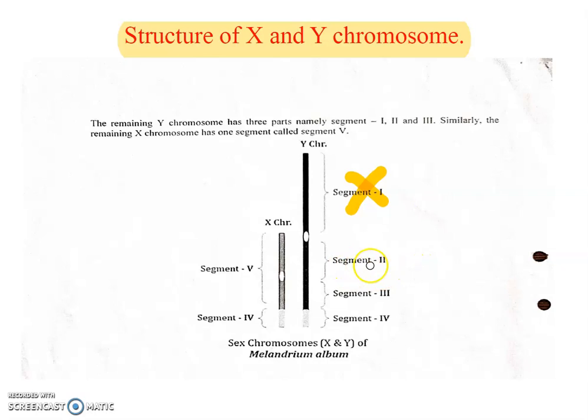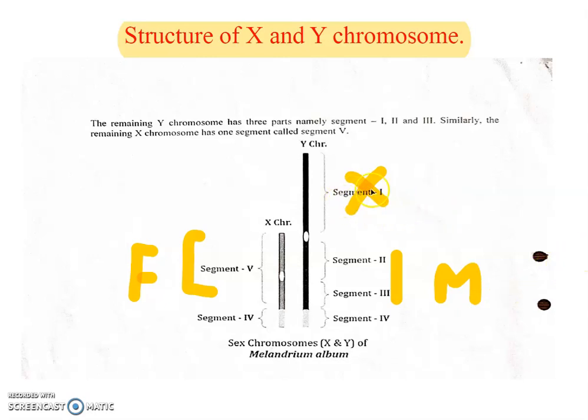Then segments 2, 3 and 4 function properly, and segments 4 and 5 function properly. So segments 2 and 3 produce anthers, and the fifth segment produces the female flower, and it produces male flowers. So both produce, so bisexual flowers are produced. Both organs are produced in a single flower, so it is bisexual.